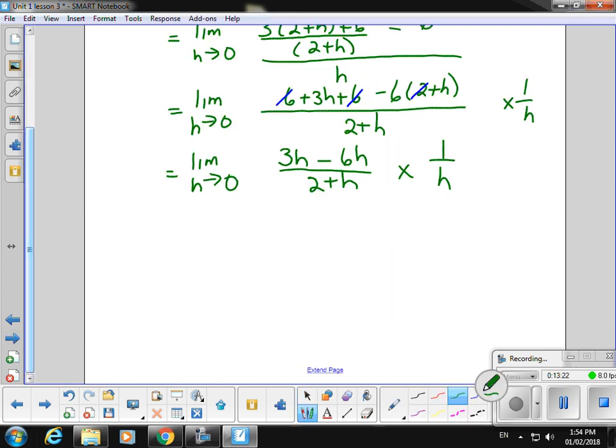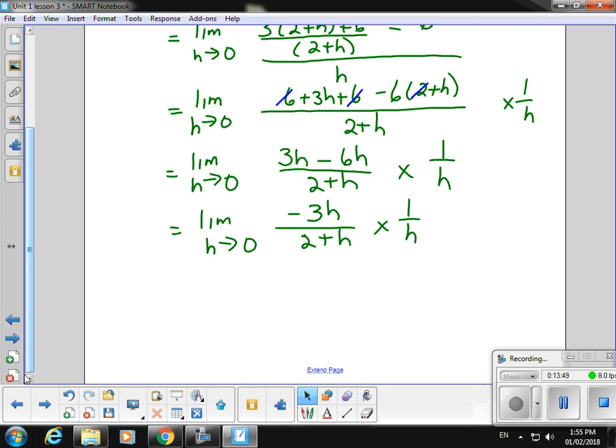Almost done. The limit as h approaches 0. I can factor out an h. Well, I can factor out a 3h if I wanted. 1 subtract 2. Why did I not tidy that up? Nobody knows. Let me tidy that up. That was just silly. Negative 3h over 2 plus h times 1 over h.